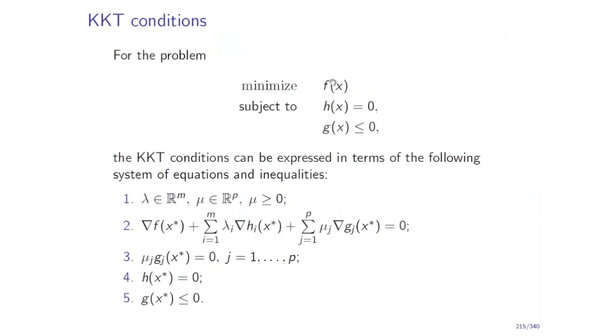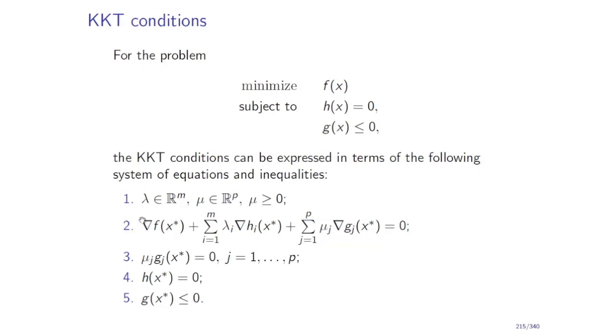We have this problem, minimize f of x subject to h of x equal to 0, g of x less than or equal to 0. Then the Karush-Kuhn-Tucker conditions tell us that if x star is a regular point and it is a local minimizer for this problem, then the following conditions must be satisfied.